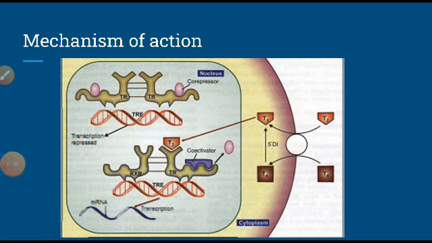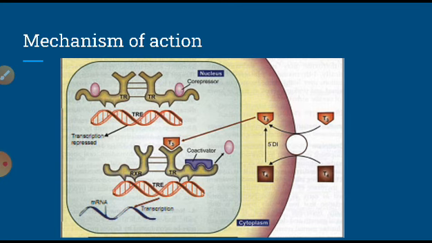So now we'll discuss how these thyroid hormones actually act. What is the mechanism of action of them? Thyroid hormones bind to specific high affinity receptors in the target cell nucleus. T3 binds with approximately 10 times the affinity of T4 that we have discussed.